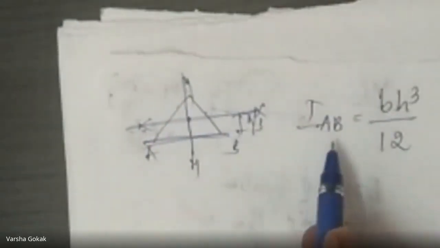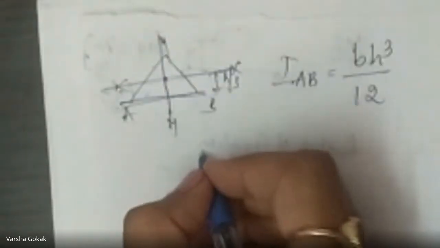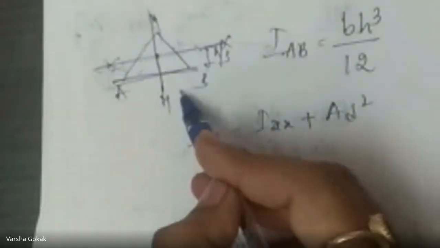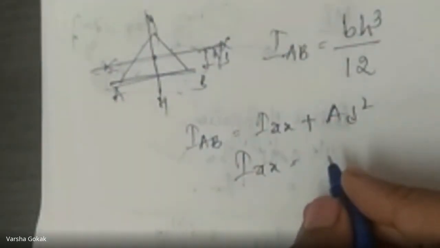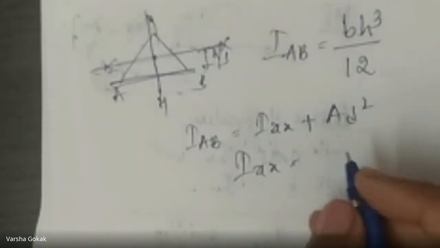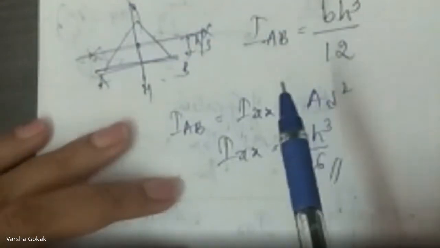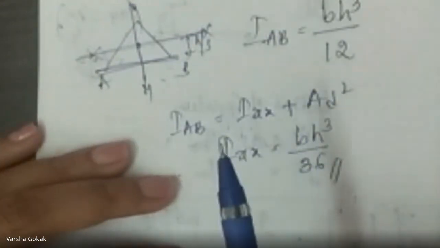So that was about the base. Then we used our parallel axis theorem, where IAB is going to be equal to IXX plus A D square. We made use of this and found the IXX value for this particular figure. What was the IXX value? B H cube by 36. Correct. So these equations are very important. You have to memorize them, because if you know these, then only you will be able to solve the numericals.